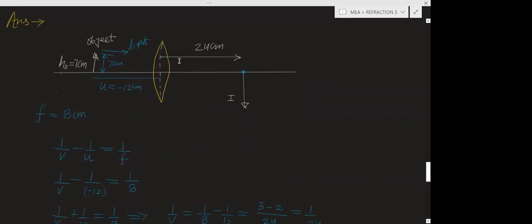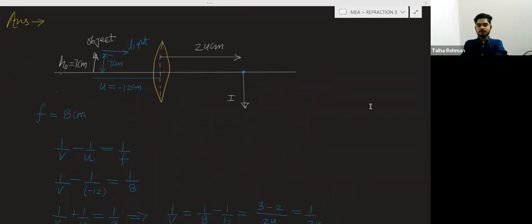Just note it down, all of you, and take your time. I am not saying the diagram is necessary, but if you draw the diagram, the chances of mistakes will be reduced.